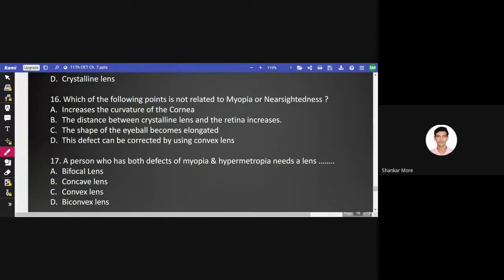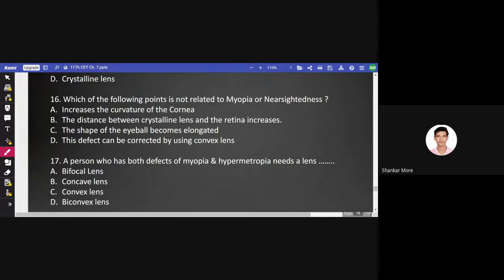To give you a hint, option D is correct, that this defect can be corrected by using a convex lens. So it is actually the incorrect option, isn't it? The lens that we use to correct this defect is a concave lens, right? We use concave lens.